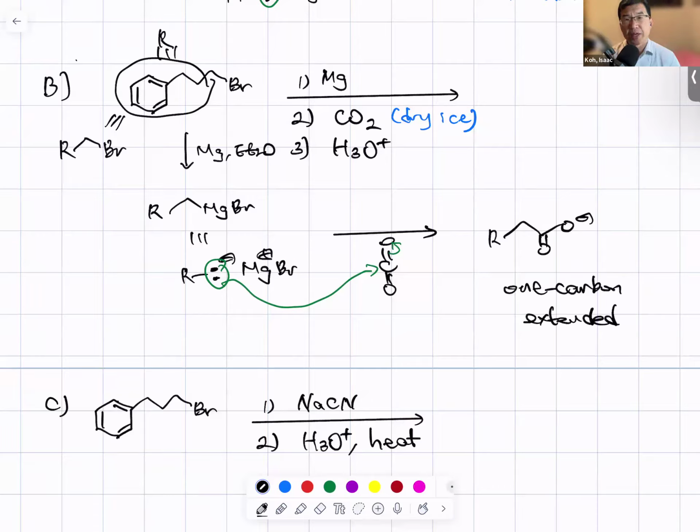Here, carbon dioxide has one carbon. So if you want to extend one carbon, we can think about this Grignard reaction followed by working with dry ice and workup. Finally, acidic workup.